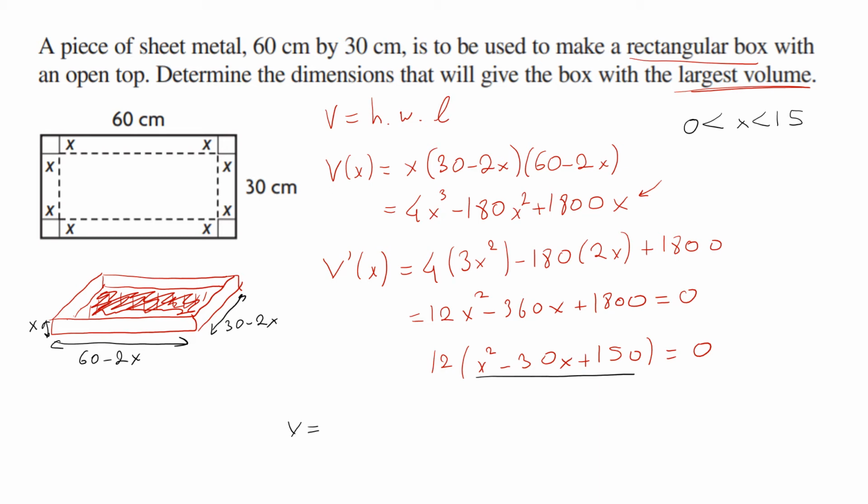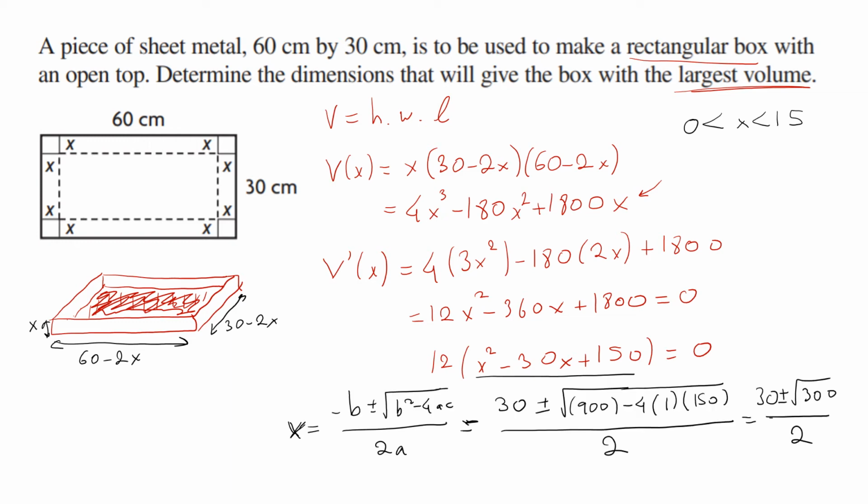So I'm going to say, remember what the quadratic formula is. So now when I plug it in, I get the value of 30 plus or minus root 300 over 2, which I can divide by 2 to get 15 plus or minus, and I will take out 25. So this root can be represented by 25 times.